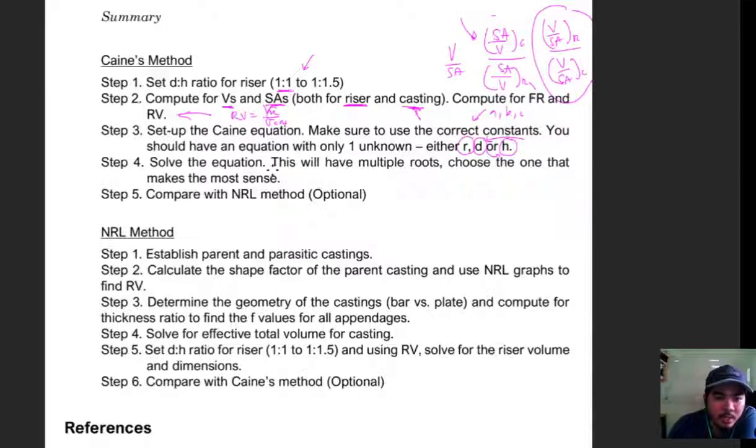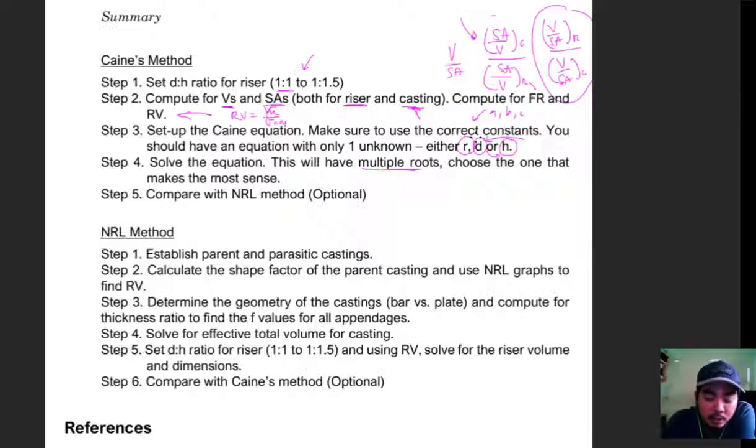You solve for the unknown of the equation. Again, this will have multiple roots. As we've discussed, this is of the 4th degree, so dapat 4 roots siya. So we need to choose the one that makes the most sense. So again, all negative roots, automatic, hindi na sila kasama, delete natin sila. Tapos yung medyo masyadong malaki naman, hindi natin isasama.